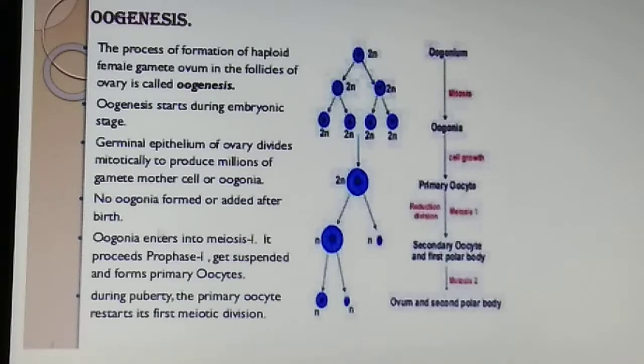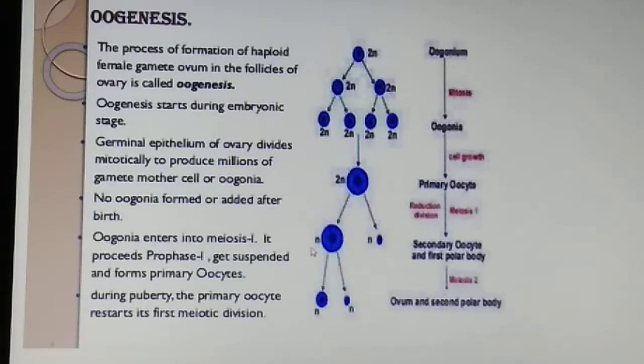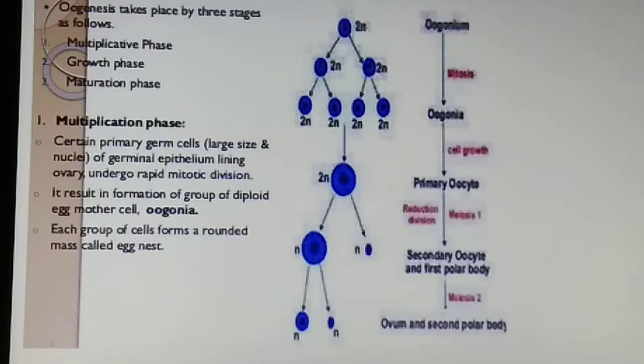Now oogonia enter into meiosis 1. They proceed to prophase 1, get suspended, and form primary oocytes. So you can see here the primary oocyte. Now, students, during puberty, the primary oocytes restart their first meiotic division.